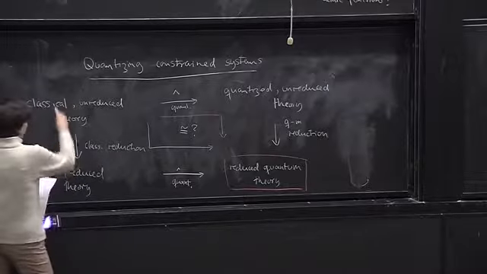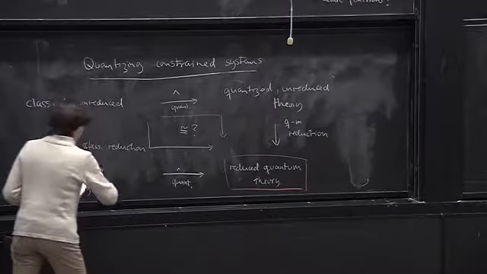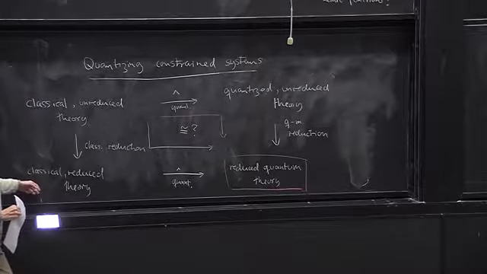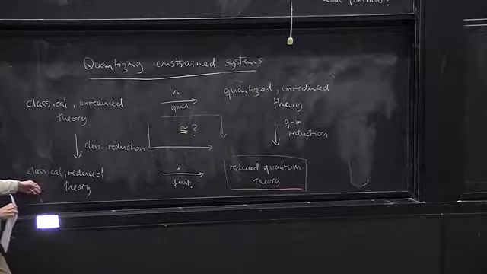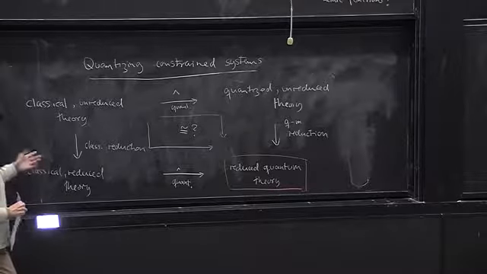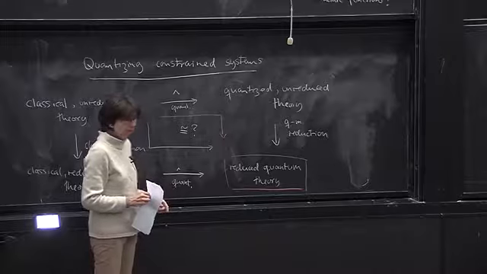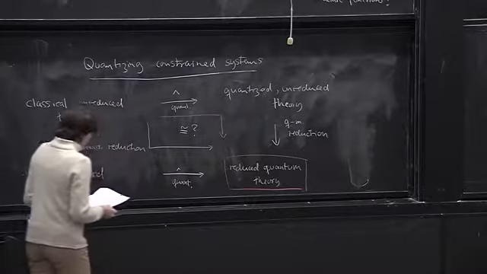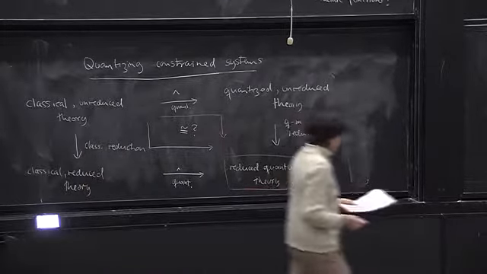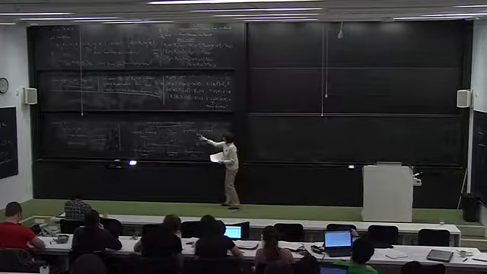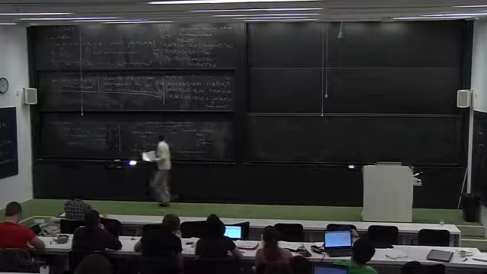Now, this is even more unpractical usually because of the involved nature of physical phase spaces, reduced phase spaces. So the more practical way is usually this red arrow. What one then does is going along this red arrow.